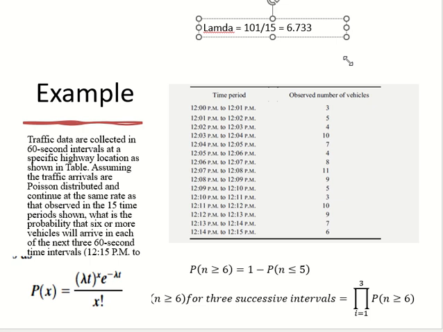Now they are asking me what is the probability that 6 or more vehicles will arrive. Again, it's not a fixed number. They are not asking for the probability of 6; they are saying 6 or more. So what did we do in the previous example? It was 5 or more, right?